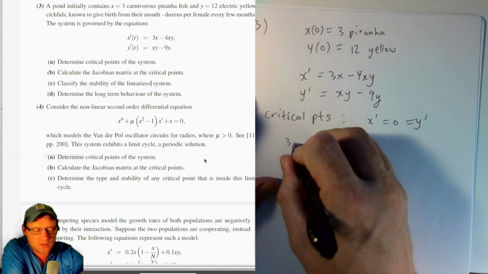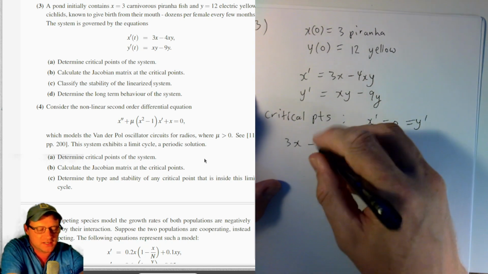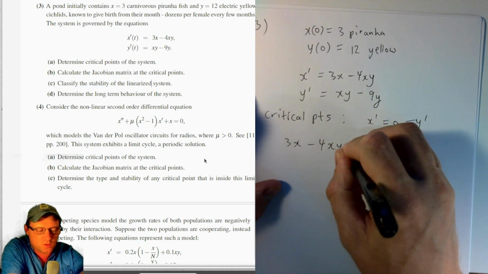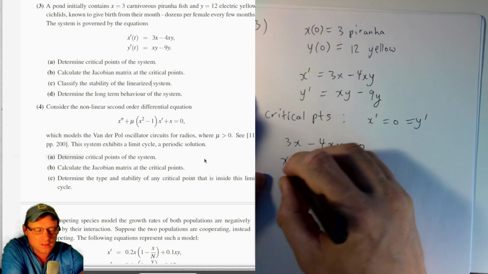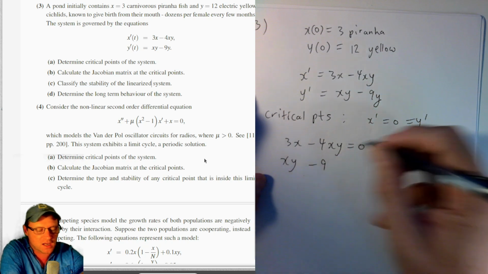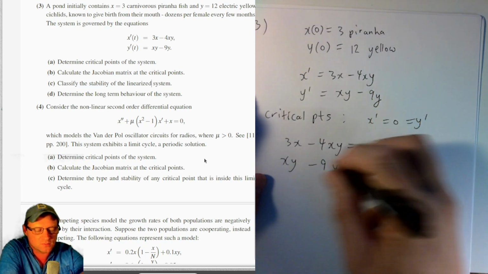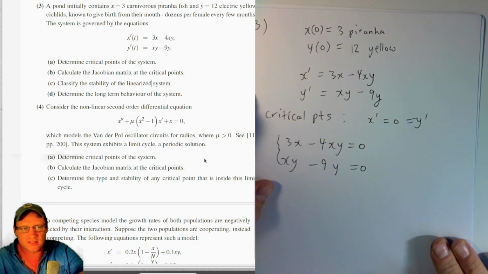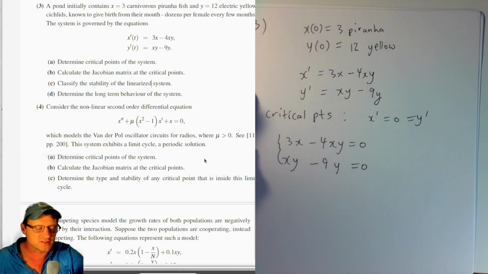Okay, and so we want to solve the system of nonlinear equations 3x - 4xy = 0, xy - 9y = 0. Now this is a simultaneous system of nonlinear equations.